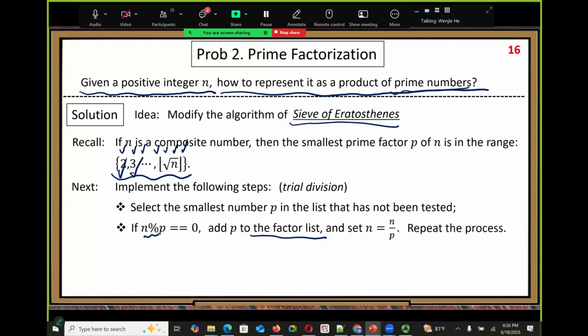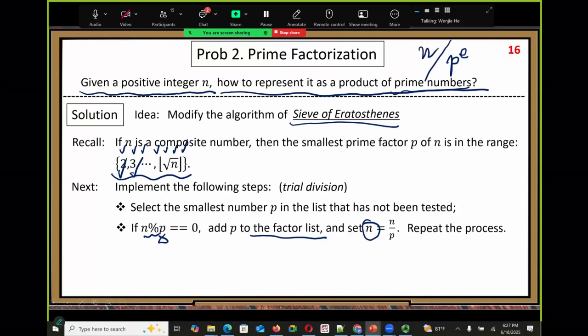Then repeat that process. After you have this new n, you need to mod the same p another time, because this n may have a factor of p to some exponent, right?